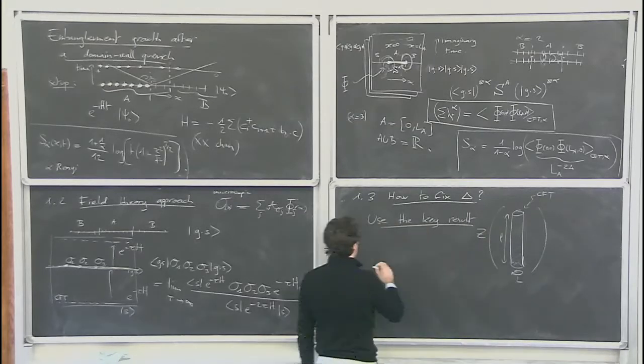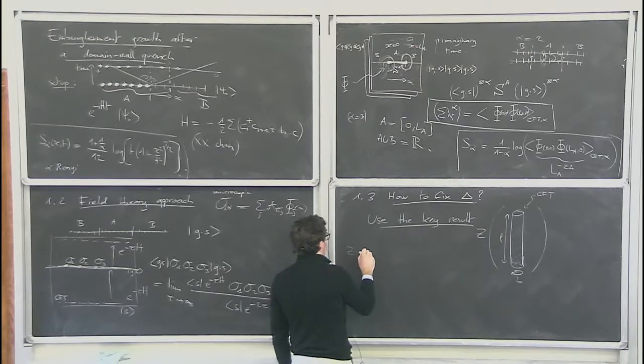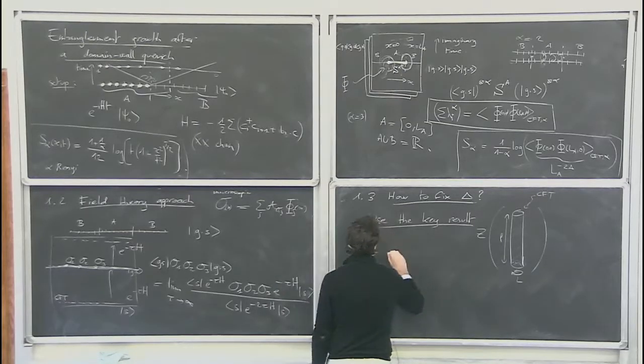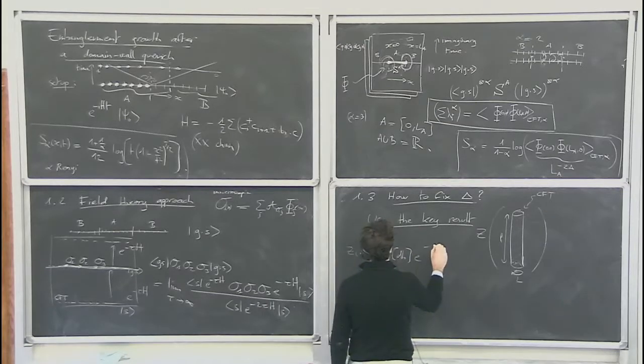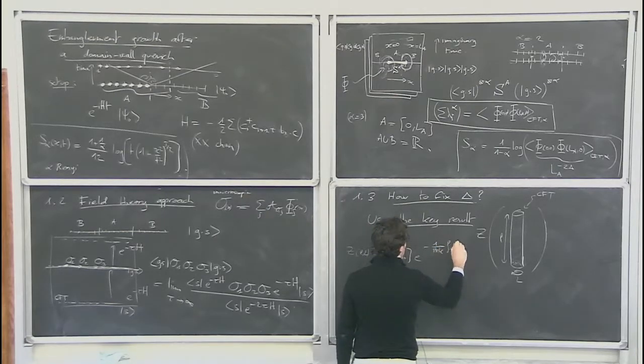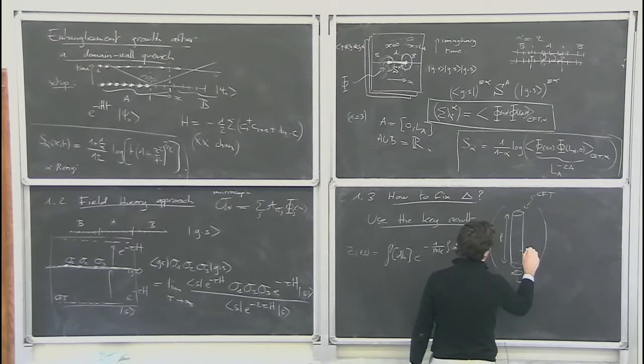So I calculate the path integral, let's say we are again in the free boson CFT, with my action that I wrote as this, and now with two coordinates, say this is coordinate x, this is coordinate y.